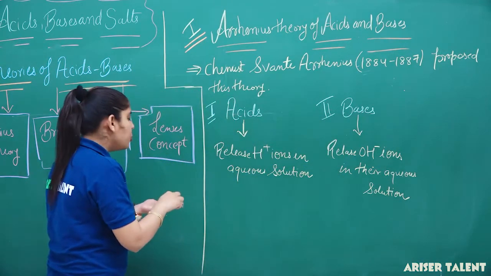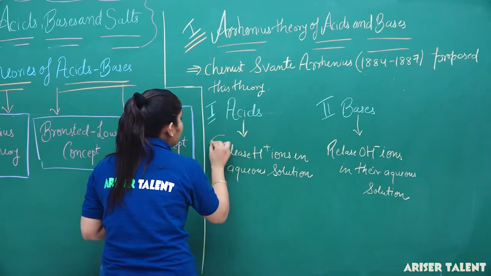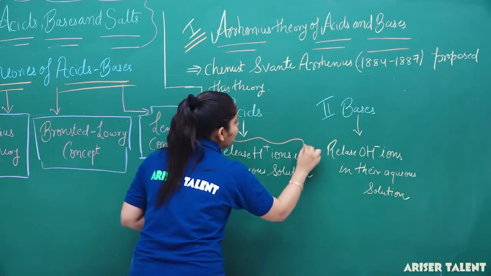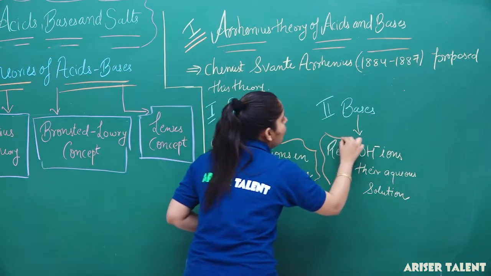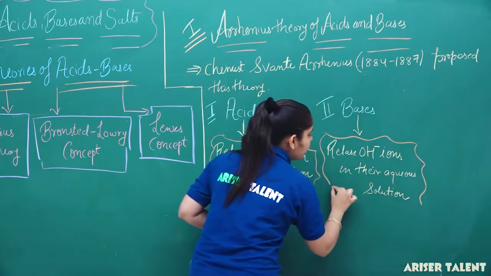So these are the two things about acids and bases we have discussed here: acids give H plus ions in their aqueous solution and bases give OH minus ions in their aqueous solution.